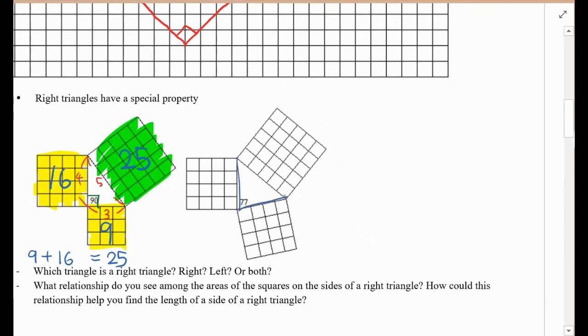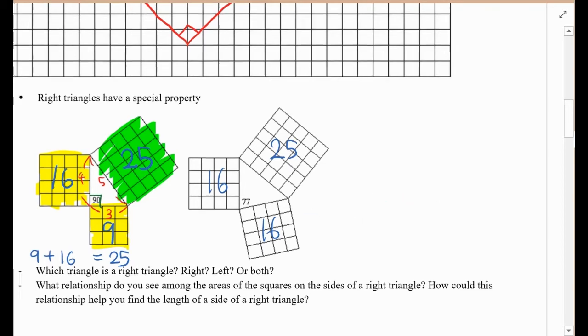This one is not a right triangle, but each side has a square. So this one, count it, 16. This one, count it, 16. And this one, if you count the number of boxes, it's 25. Do you see the same relationship? Is 16 plus 16 equal to 25? No, it's not. It does not have that relationship.